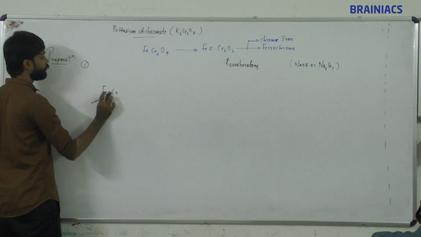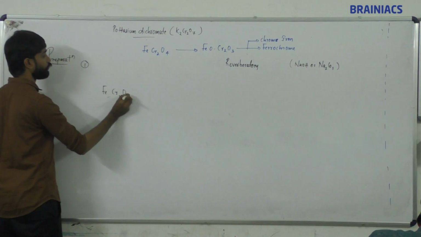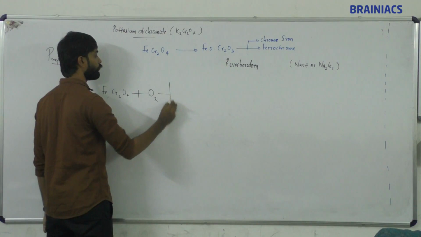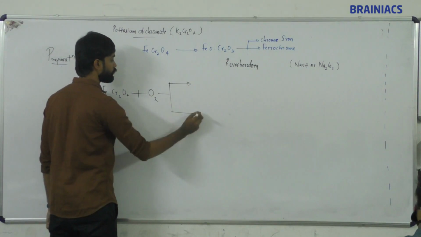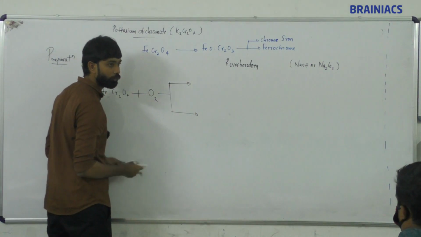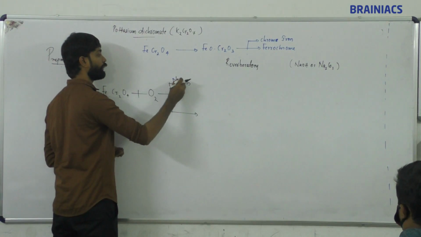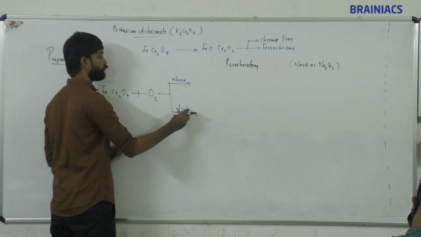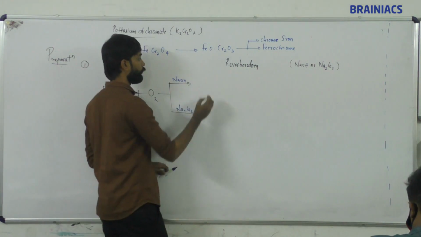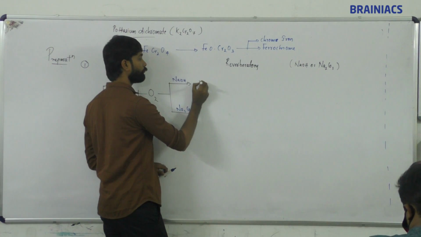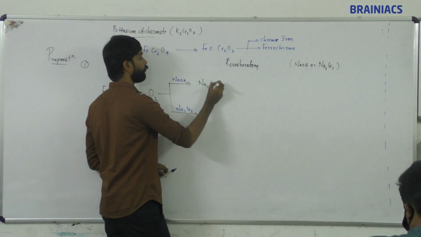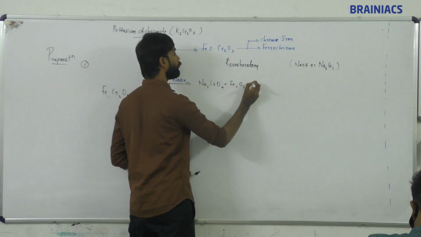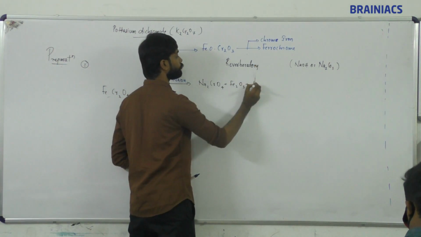So we have FeCr2O4, which on roasting, and roasting means reaction in the presence of oxygen, either in presence of NaOH or in presence of Na2CO3, gives products sodium chromate plus Fe2O3 plus H2O.